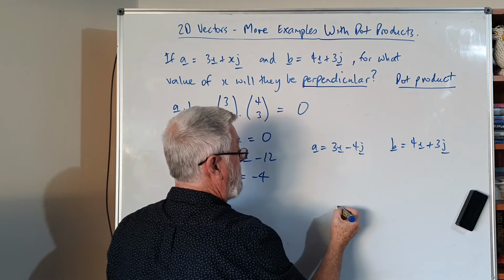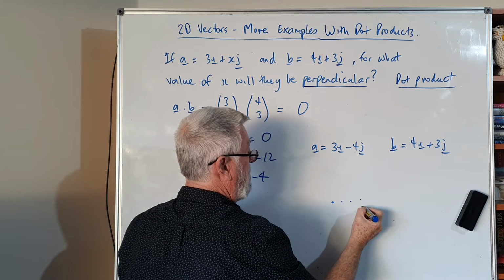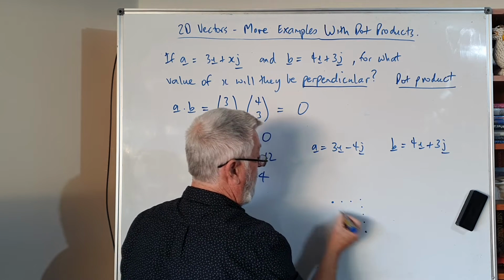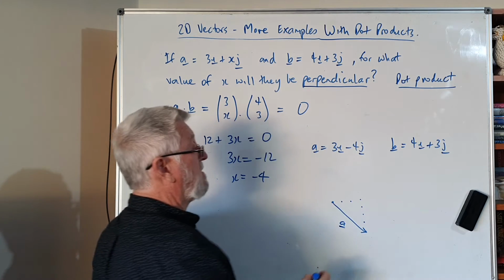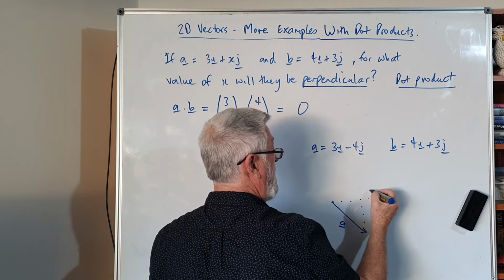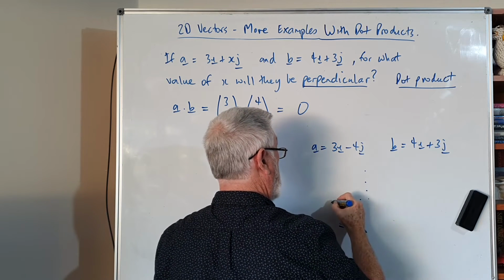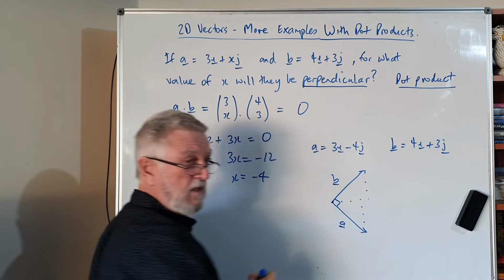I can just go 3, minus 4. So I go from here, 1 2 3, 1 2 3 4. So there's vector A. And the other vector, if I start at the same point, go 1 2 3 4, that's your 4i plus 3j, and you can see that there's vector B. Now you can see that the two of them are perpendicular.